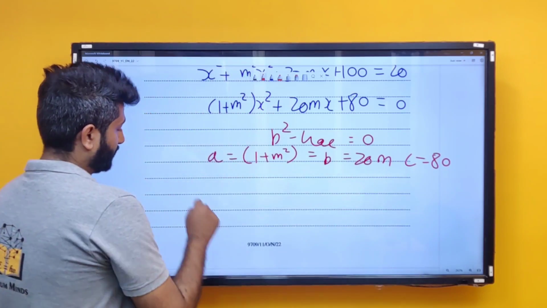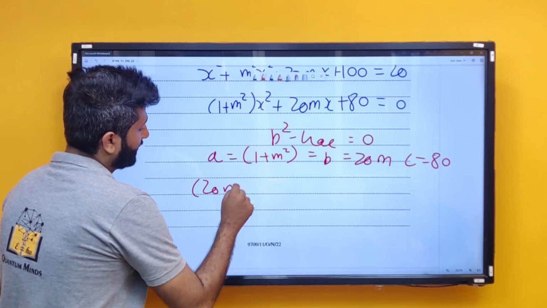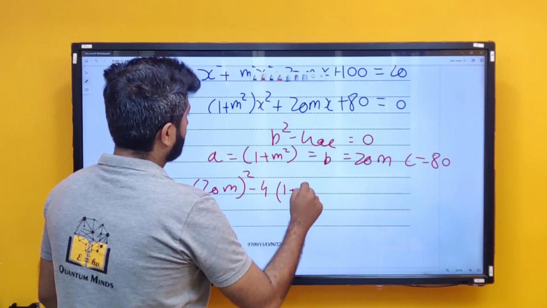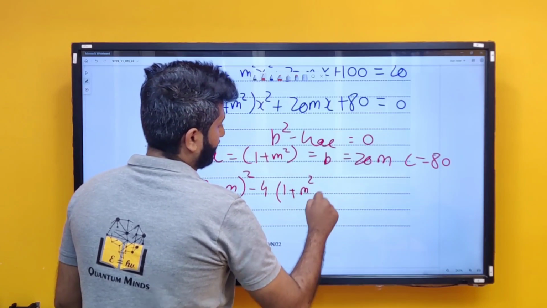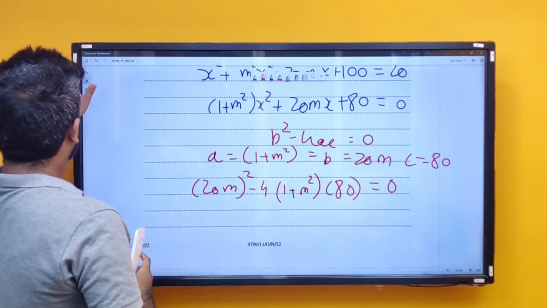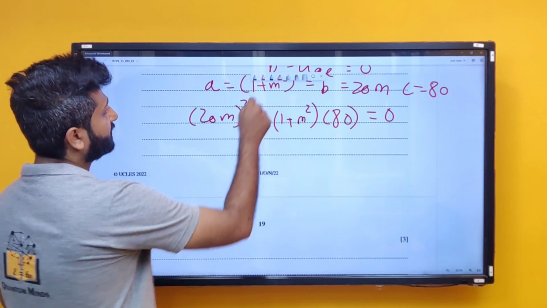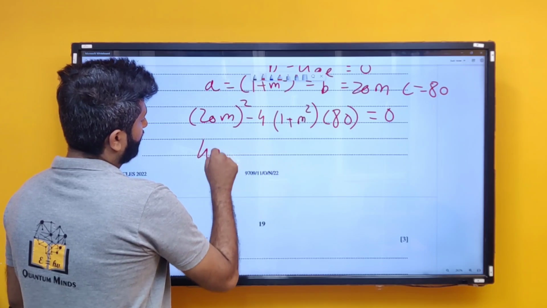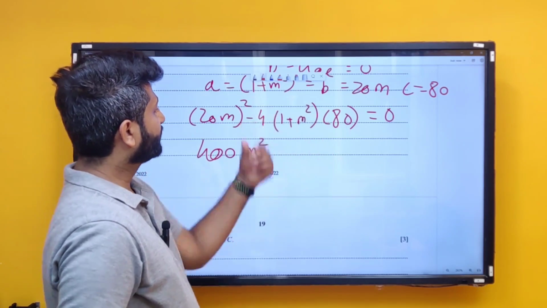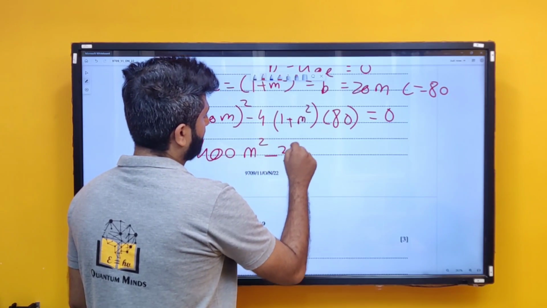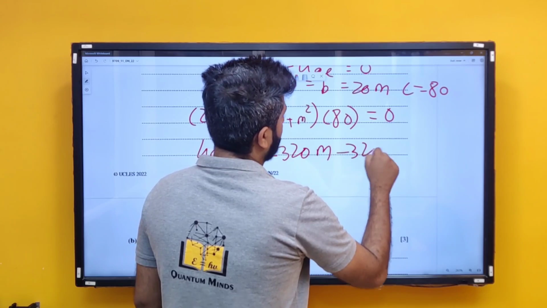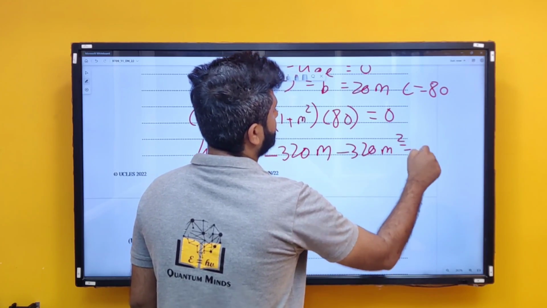So b squared, which is (20m) squared, minus 4 times a times c equals 0. So 20m squared is 400m squared. 4 times 80 is 320, so minus 320.